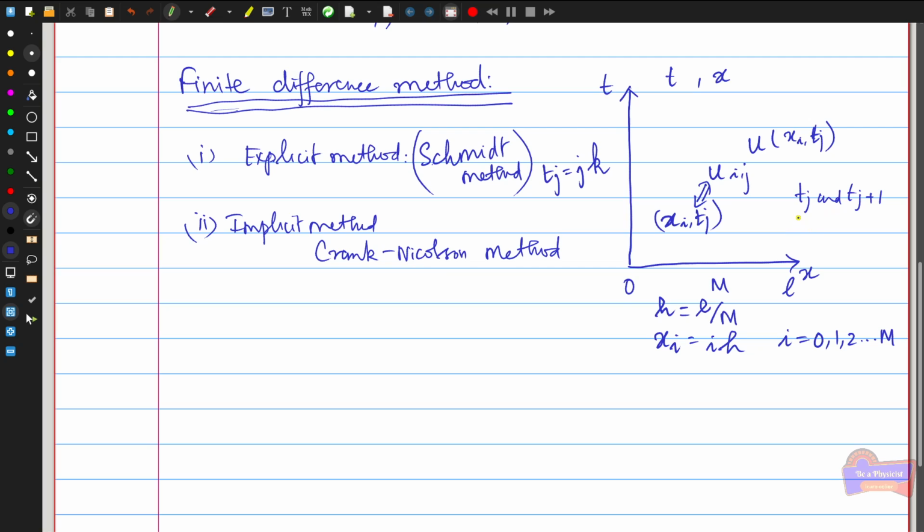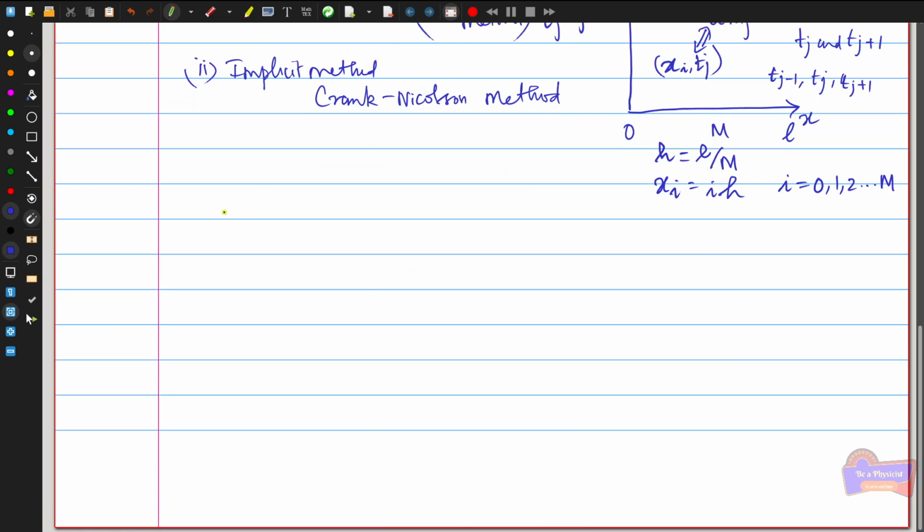Or suppose you are using a method having three different levels, that means t of j minus 1, t j and t j plus 1, and your equation has all three coefficients of j minus 1, j and j plus 1, then it is called the three level formula. Okay, so first we look into the explicit method to solve the heat conduction equation.